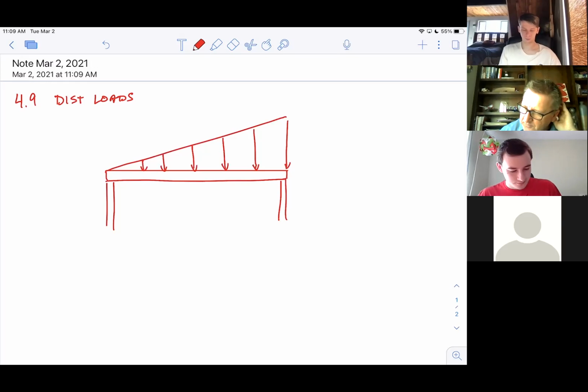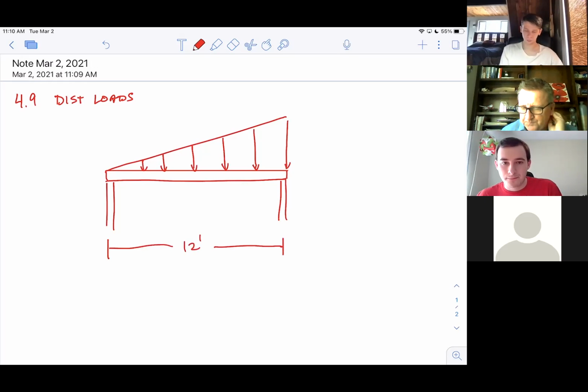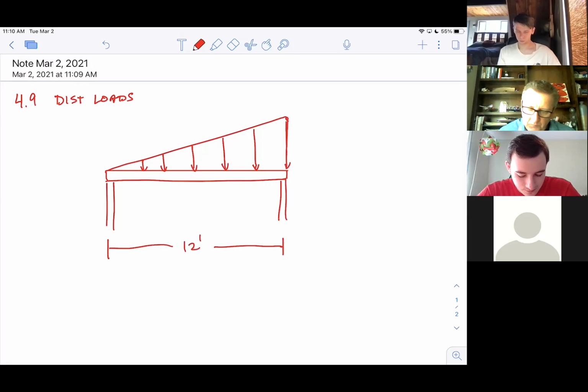And to keep it kind of similar, let's say this beam is 12 feet long, and let's say this one over here is 984 pounds per foot.